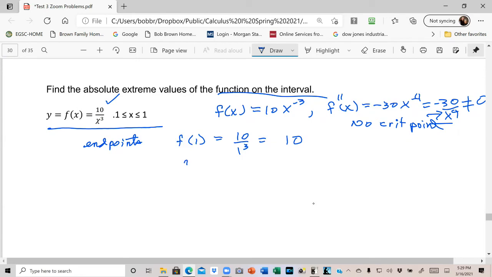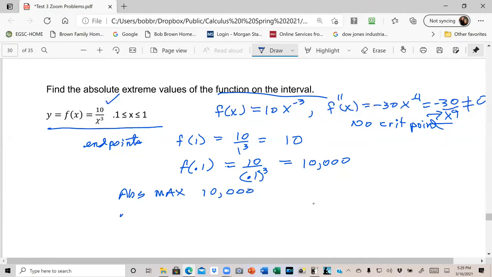And the left endpoint, f at 0.1, is equal to 10 over 0.1 cubed, equal 10,000. So the absolute max is 10,000. The absolute min is 10.